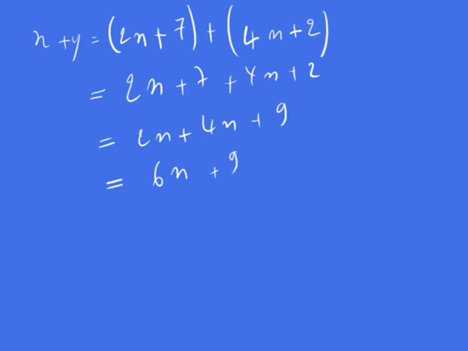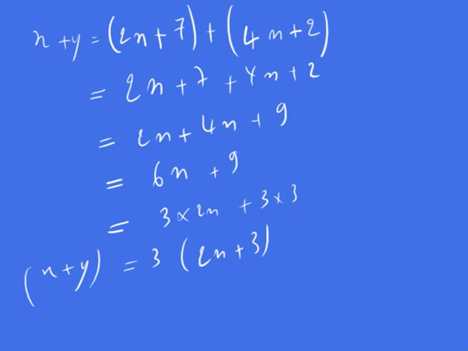We can then factorize by 3, which equals 3 times 2n plus 3 times 3, equals 3 times (2n plus 3). Then x plus y equals 3 times (2n plus 3), and 3 divides x plus y. This is the last question.